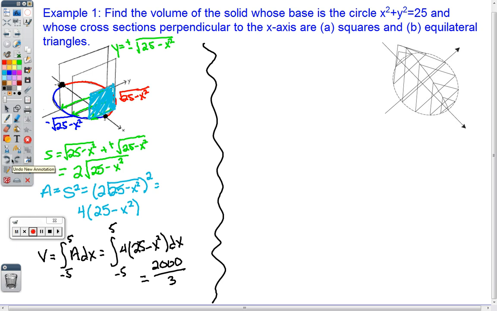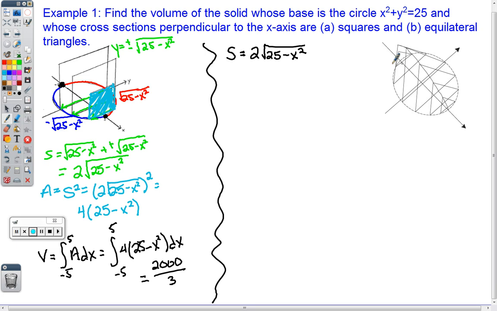Same idea: perpendicular to the x-axis, so we're going to integrate in x. The top part is the square root of 25 minus x squared, the bottom part is the negative of that. So the side length is still 2 times the square root of 25 minus x squared. That part has not changed since the first part of the problem.